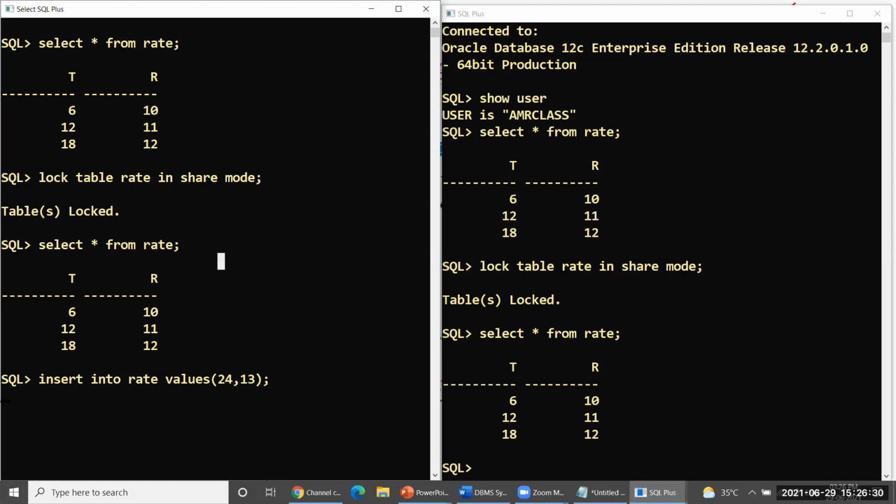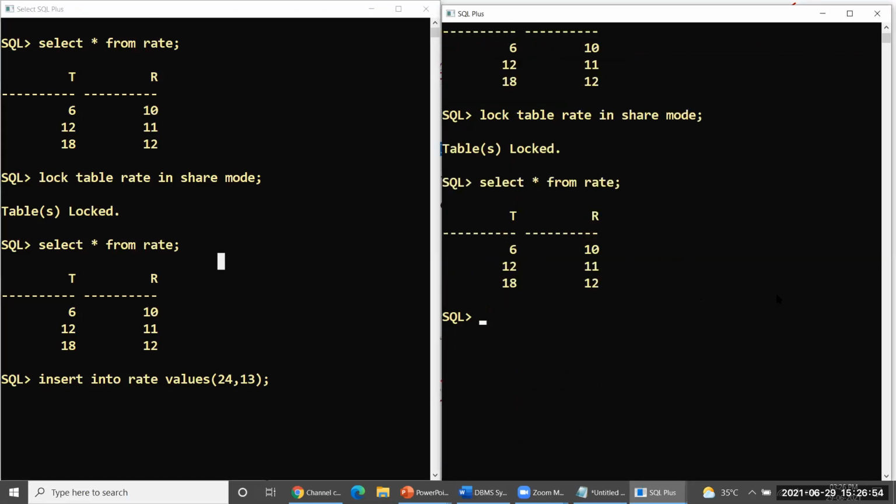Look at this, there is no SQL prompt. If there were no locking by other users, it would immediately respond that one row inserted, with the SQL prompt. But here you could not get anything. After some time, you could also see the status of this system as not responding.